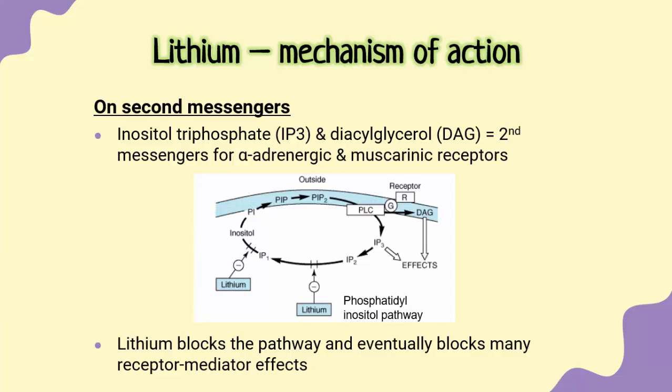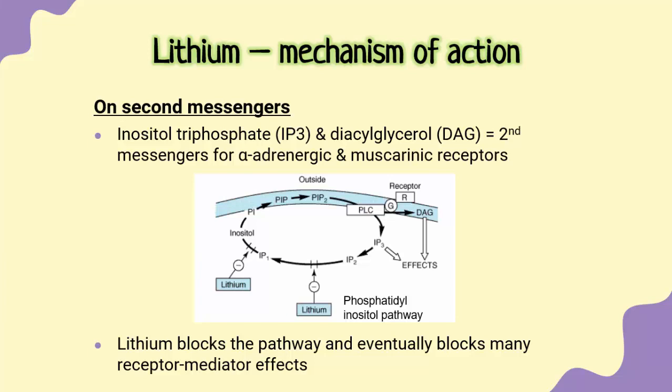Another possible action of lithium is its effect on the second messenger system. Some receptors have second messengers. For example, inositol triphosphate and diacylglycerol are the second messengers for alpha adrenergic and muscarinic receptors.